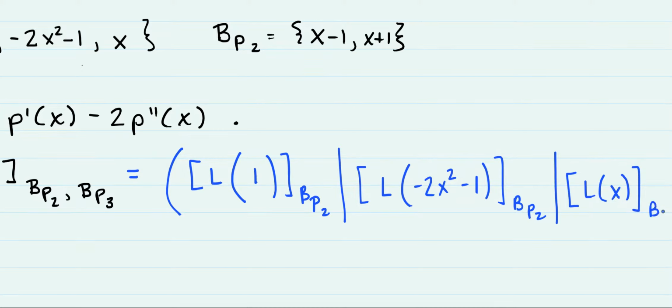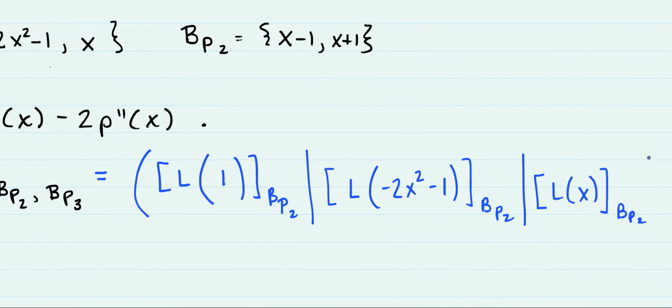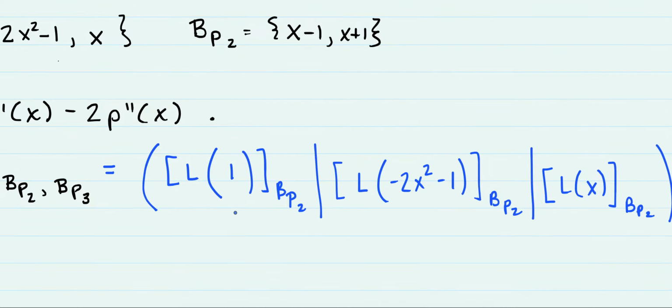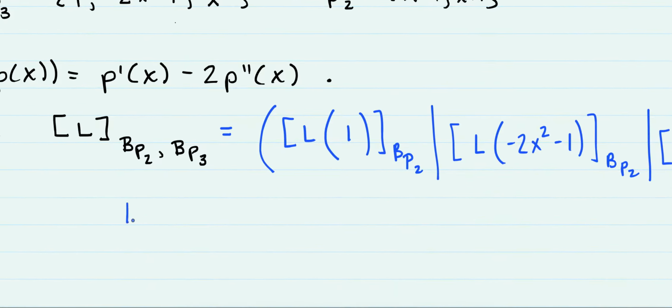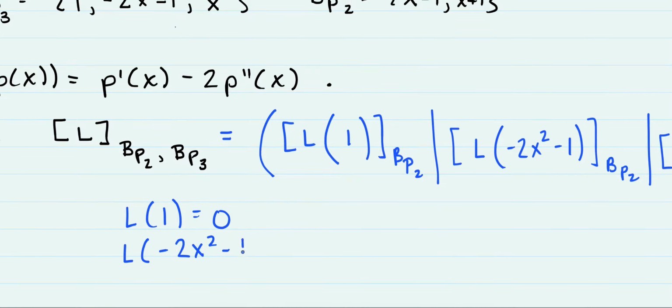Okay, so I just wrote out the entire matrix, what I need to do. So let's put these 3 basis vectors into L and see what we spit out. Okay, we're going to start with L of 1. Well, that's easy because the derivative of 1 is 0. Now let's try L of negative 2x squared minus 1.